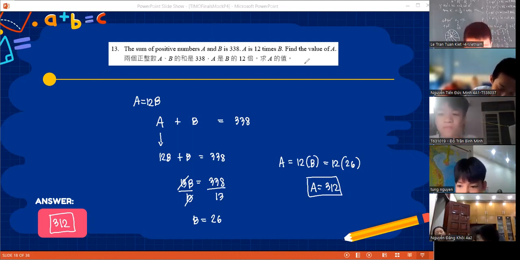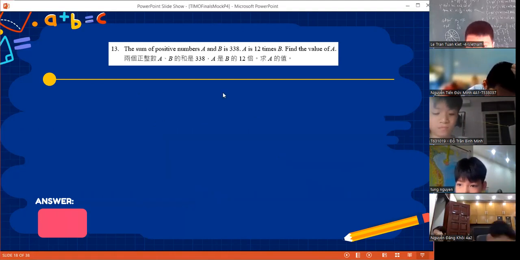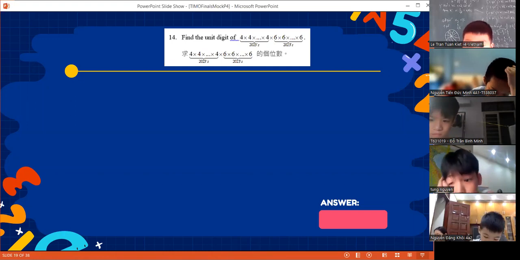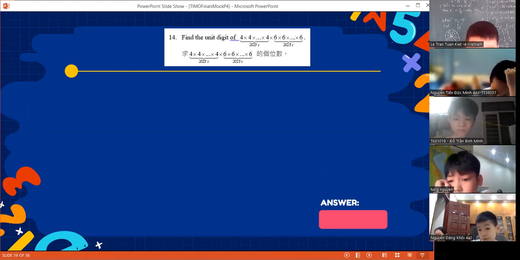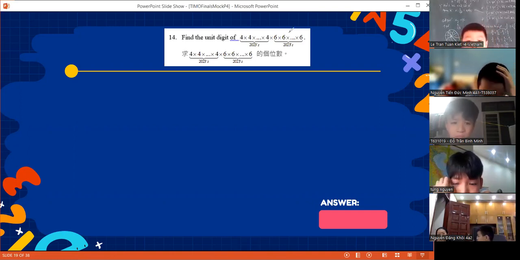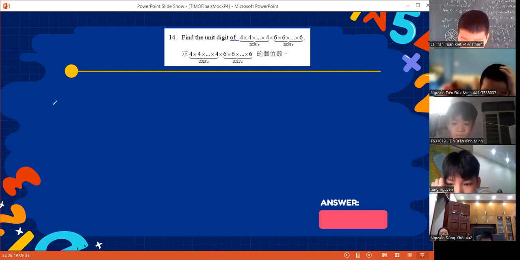Okay? Let's continue. Let's have number 14. Okay. This question is actually very easy because you'll be needing to get only the unit digit. When you say unit digit, it's the last digit, okay? Or the ones digit, okay? So in here, we need to solve for the unit digit pattern for 4, okay?